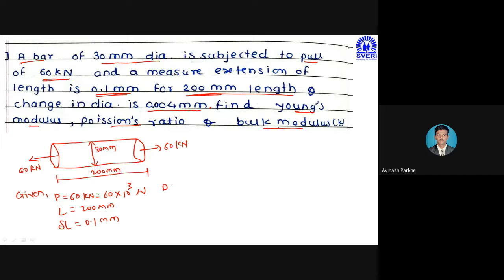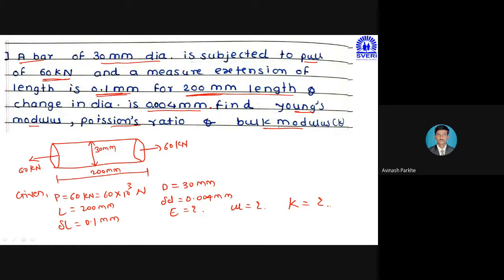Then diameter is equal to 30 mm. Change in diameter delta D is equal to 0.004 mm, and we have to calculate Young's modulus E, then Poisson's ratio mu, and bulk modulus K. So this many parameters we have to calculate.